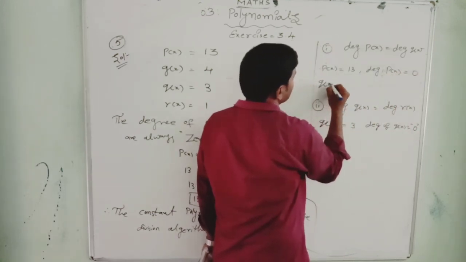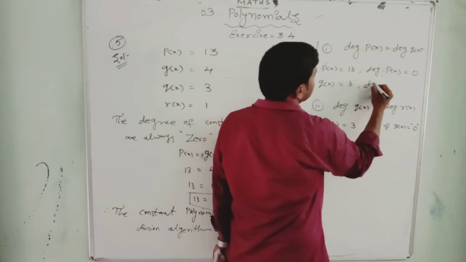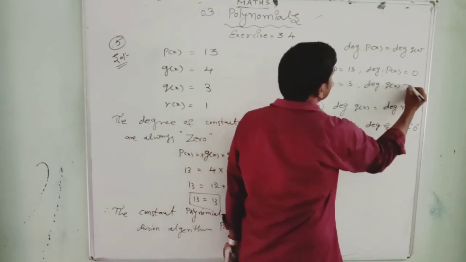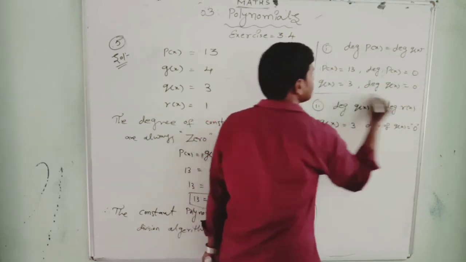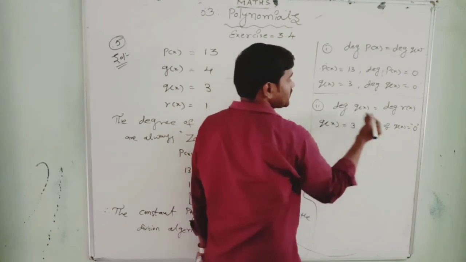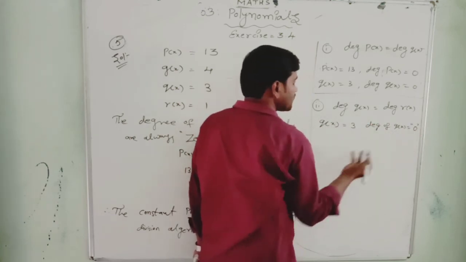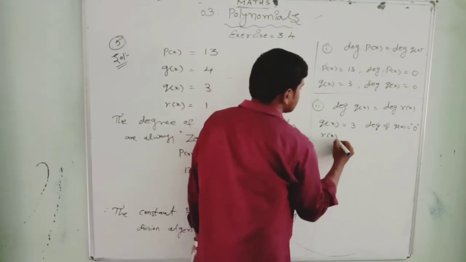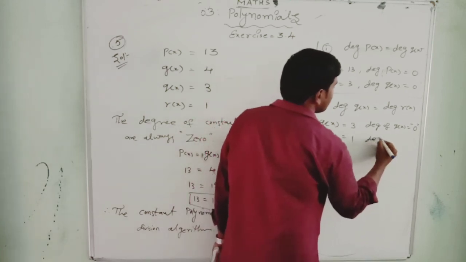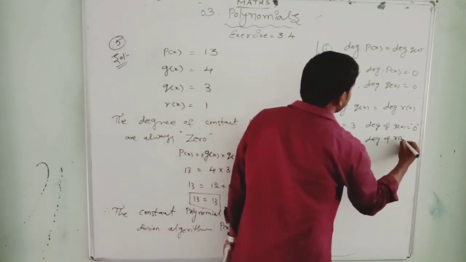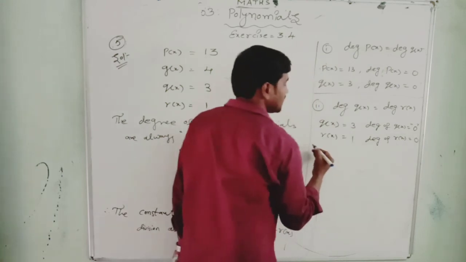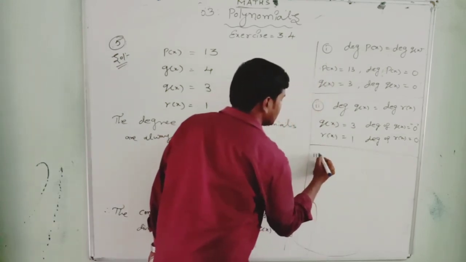Then q of x equals 3, and the degree of q of x is equal to 0. It is satisfied. Then r of x equals 1, and the degree of r of x is also 0. It also satisfies. Then the third condition.